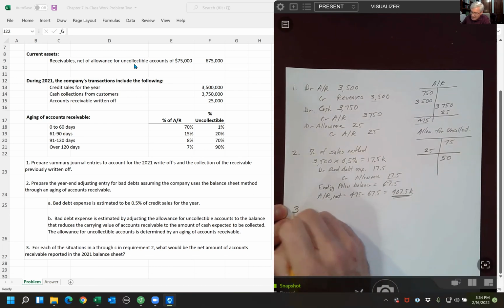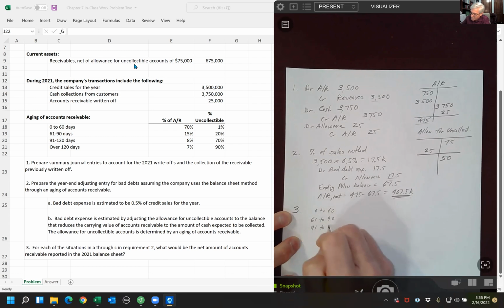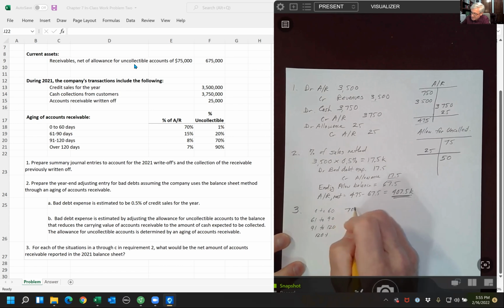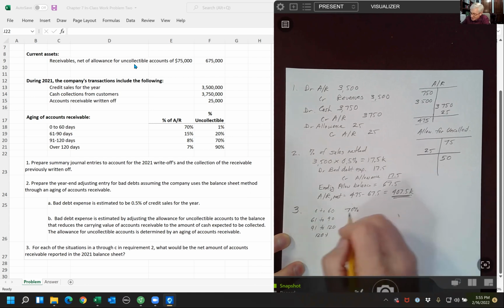All right, aging method. Yes, there's more work in the aging method. So we're going to run a thing on our accounts. We got 0 to 60, 61 to 90, 91 to 120, and 120 days plus. 70% of our accounts are current. I would call that current. They're within the 0 to 60 day time frame. 15% have slowed down.